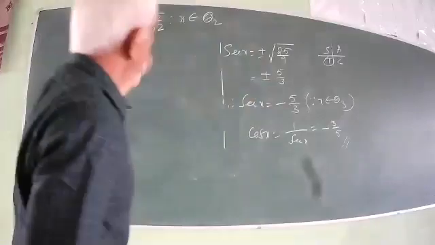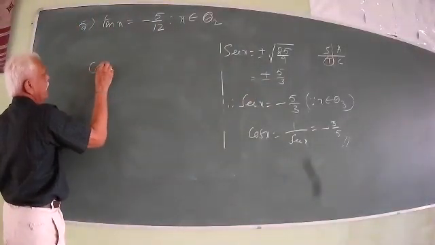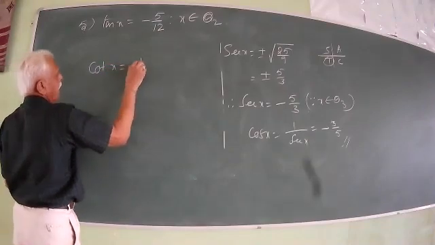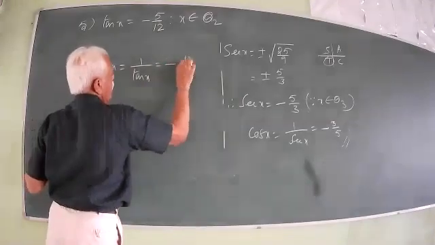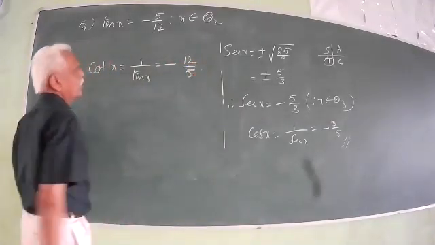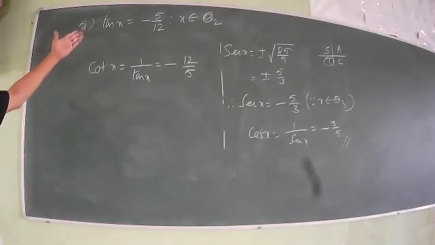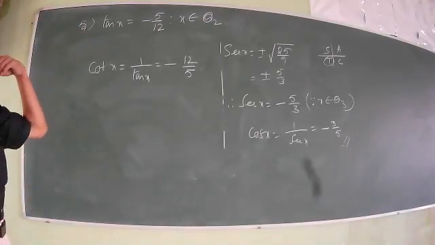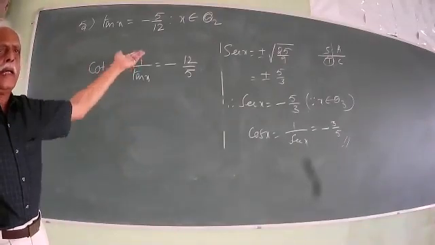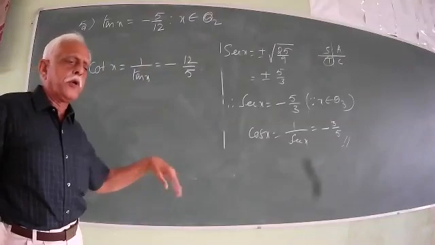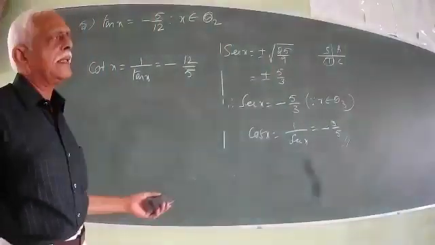Now, when tan is given, cot is the reciprocal, which is nothing but minus 12 by 5. Now we have the tan ratio and the cot ratio, thereby using identities we can find out secant and cosecant. The reciprocal of secant is cos, and the reciprocal of cosecant is sine.